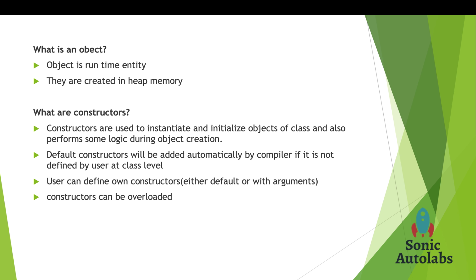Okay. It is up to the user whether he wants to provide some values to the variables of the object during the object creation, or if we want to go with the default values. Also, apart from instantiating and initializing the object, we can also perform some logic during the object creation.